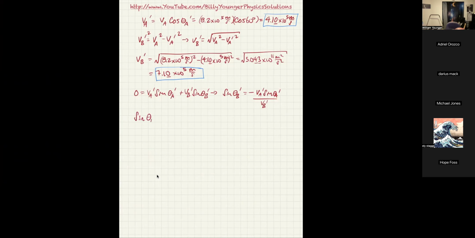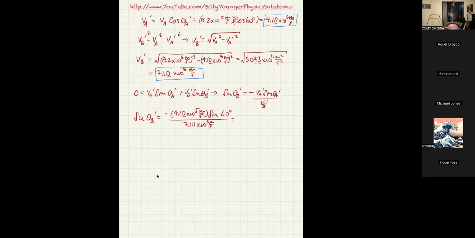So sine theta B prime is equal to negative. Now VA prime we just found was 4.10 times 10 to the fifth meters per second, and sine of theta A prime was sine of 60 degrees. And then we're going to divide that by VB prime, which was 7.10 times 10 to the fifth meters per second.